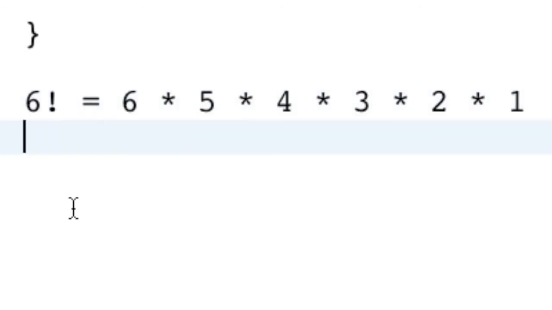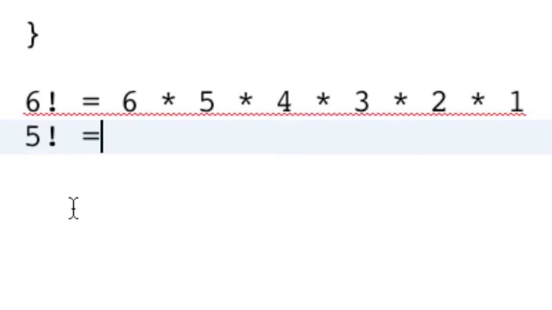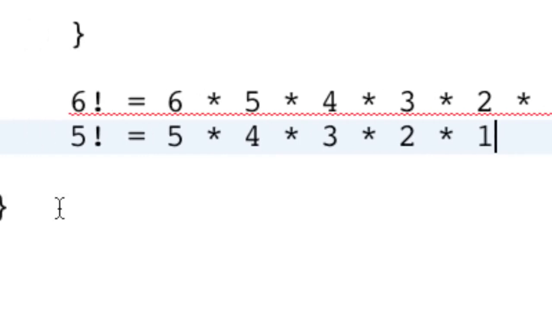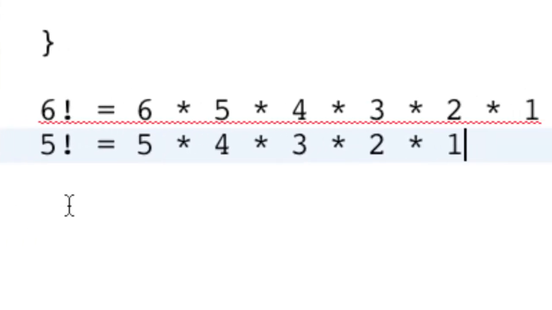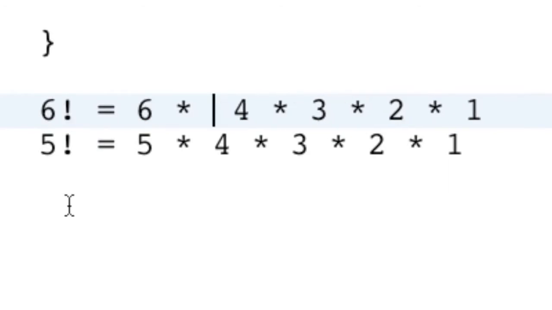Similarly, 5 factorial is equal to 5 times 4, etc. So if you remember from our previous example where we were doing powers, you can start to see the pattern here, where in fact 6 factorial is actually 6 times 5 factorial.